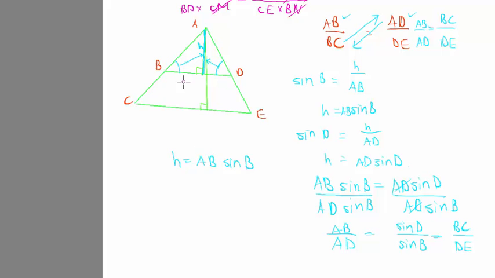I'm not saying that AB sine B is equal to AD sine D. I'm saying that AB sine B is equal to the height, and AD sine D is equal to the height, but the two heights are the same. That's why the two expressions are equal. You understand?